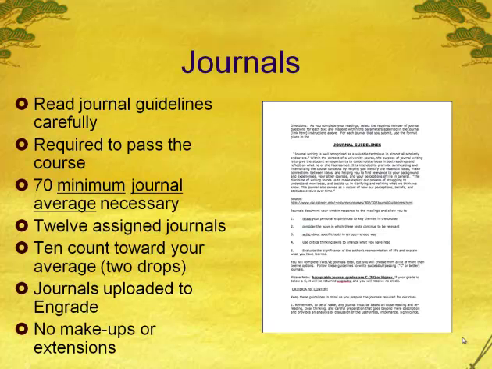I'm assigning you 12 journals, but only 10 will count toward your average, so you'll have 2 that you can drop. So if you don't do well on one or miss one, as long as you don't do that for more than 2, you'll be fine. The journals will be uploaded to InGrade, and there won't be makeups or extensions. The deadline for every single journal is on your calendar.